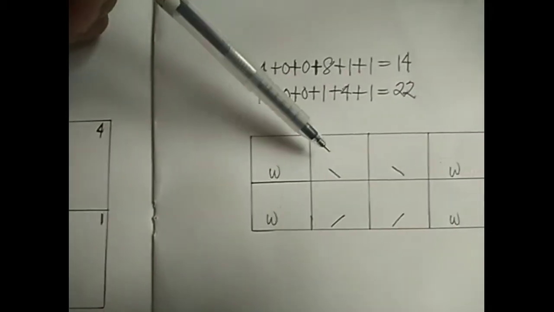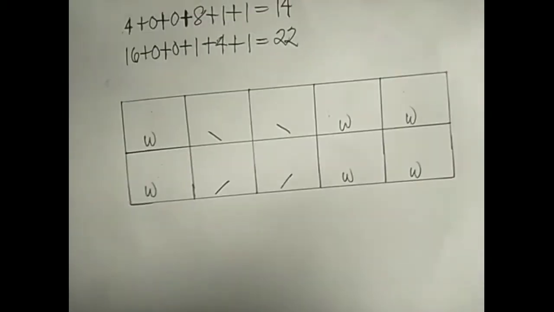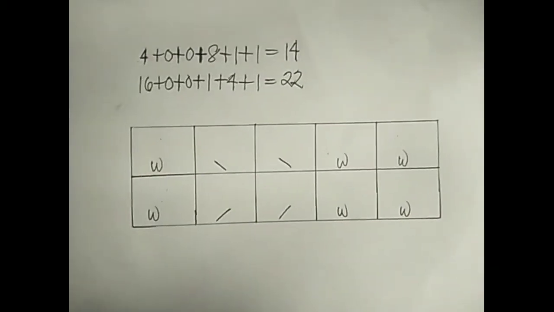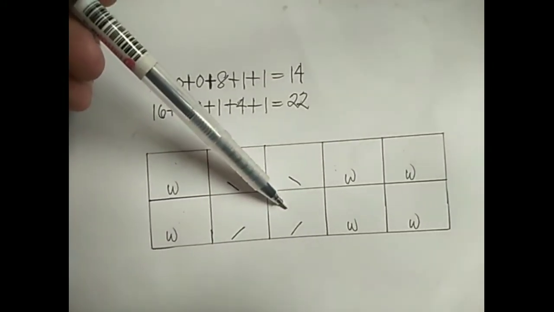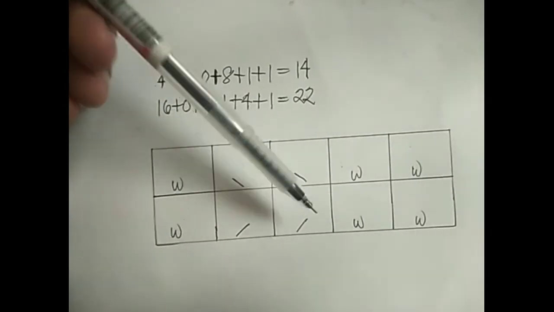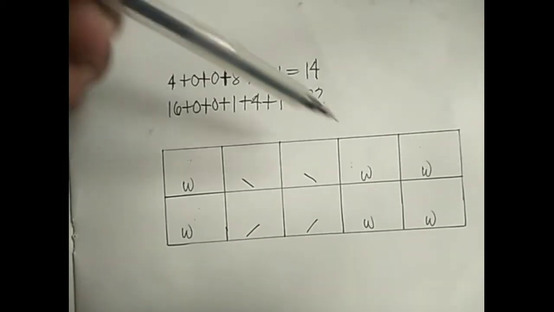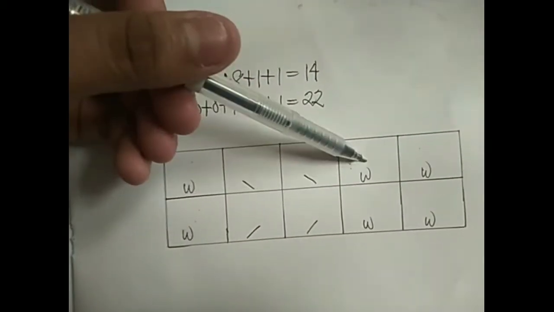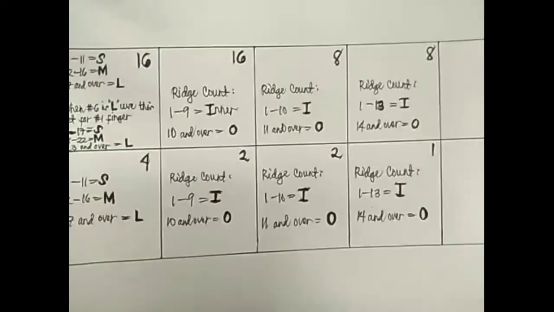Then second, finger number 2 is an ulnar loop, so it doesn't have a value, so this is 0. Finger number 8 is an ulnar loop, so it doesn't have a value. Finger number 4 is a whorl type of pattern. So the finger value of finger number 4 is 8, so plus 8.